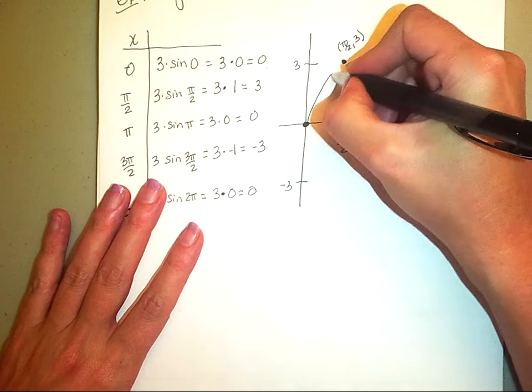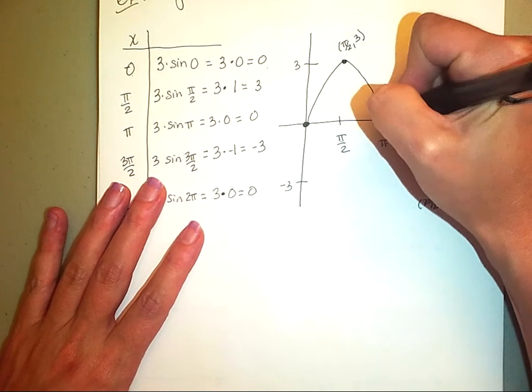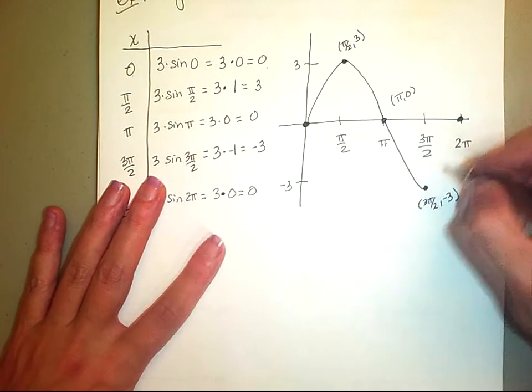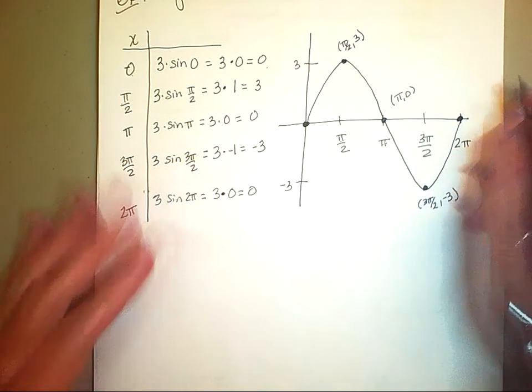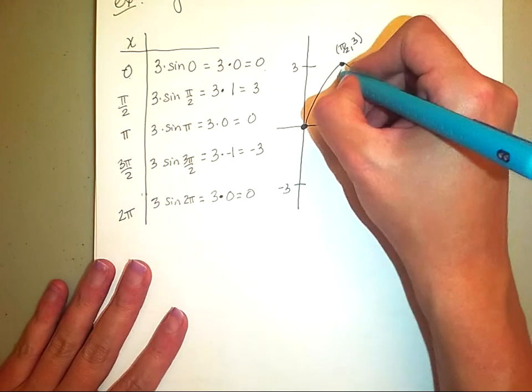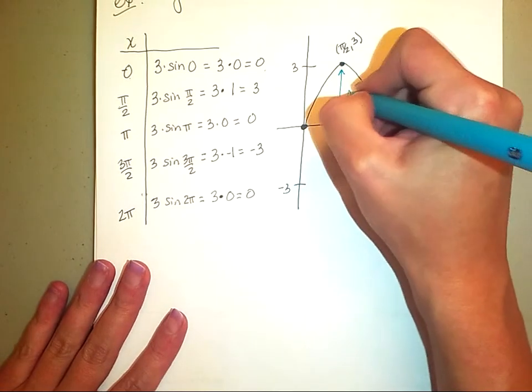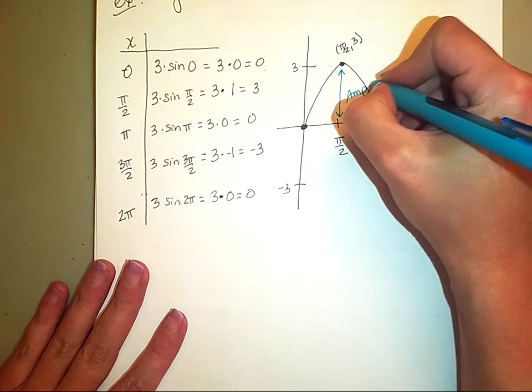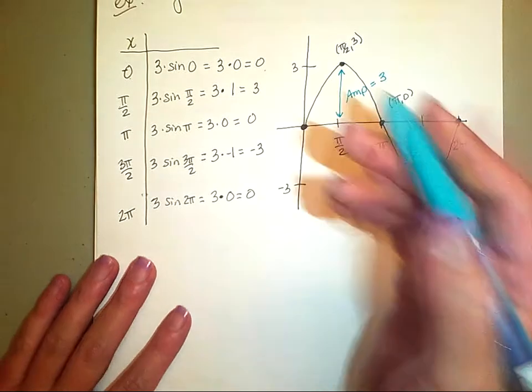Okay. So one cycle of this will look like so. And now we can say that the amplitude here has changed, and now the amplitude is just 3.